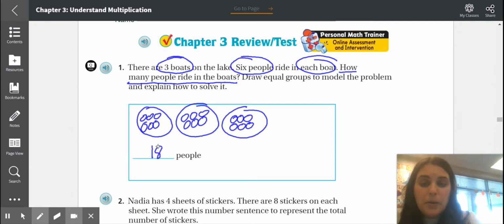So 18 people. Okay, now it says explain how you solved it.